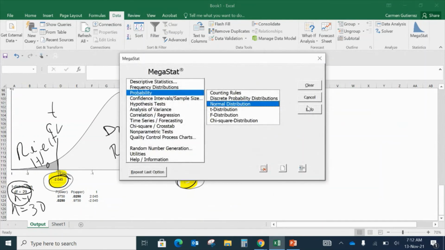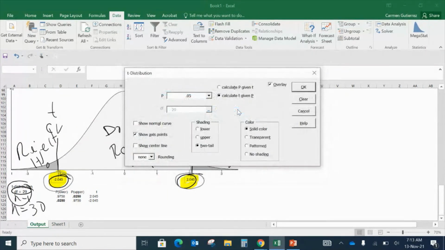Now, if in step 3 you decided to use your t distribution, then you do MegaStat, probability, and then t distribution. And on the t distribution, you need to figure out your degrees of freedom. Your degrees of freedom is n minus 1. That's the extra step that you do from the z distribution.